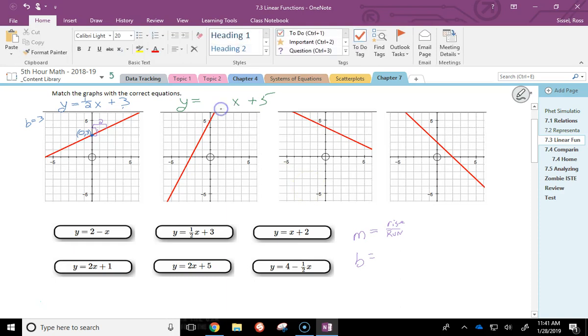Okay. Now on this one, wait, what did you say? Say yours again, Miles. That's not right yet. It's a positive 2x. And remember, it has to be a positive 2 because our slope is positive. It's going up and to the right.